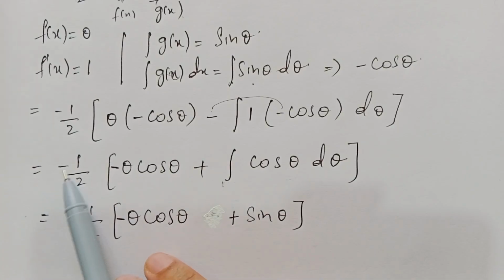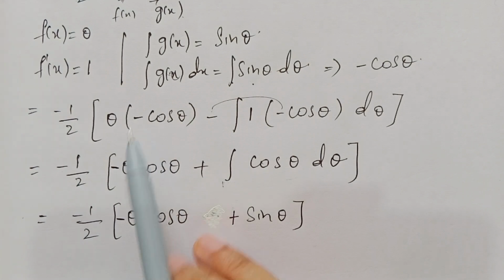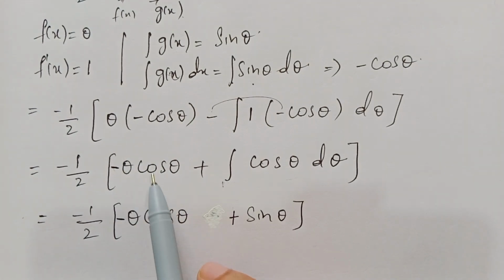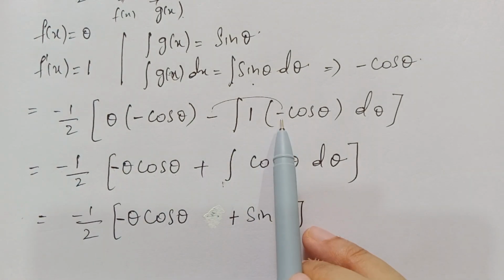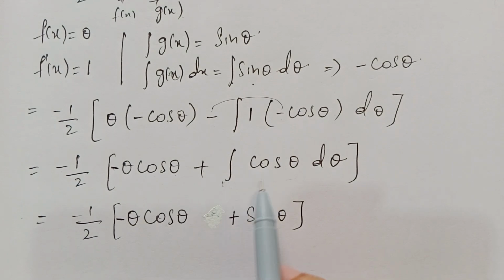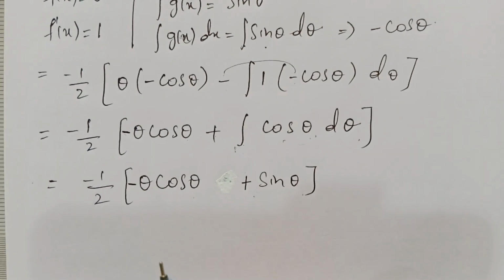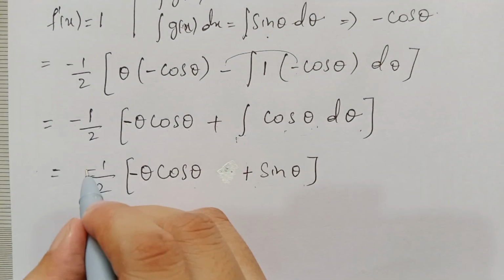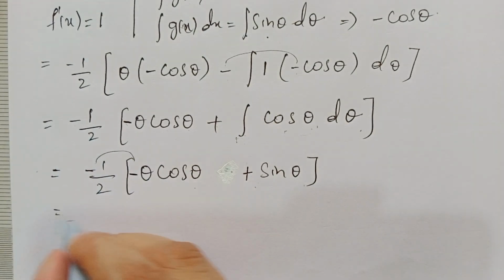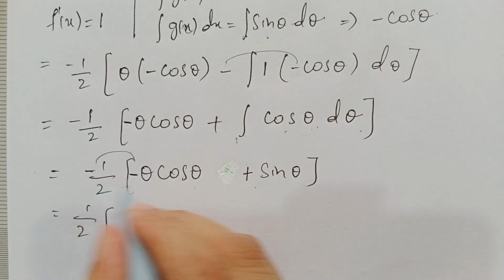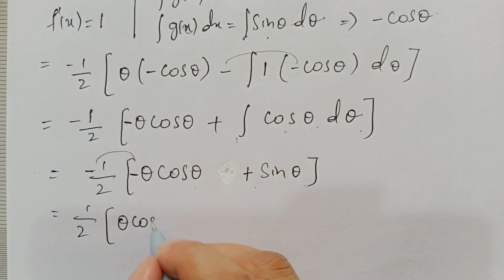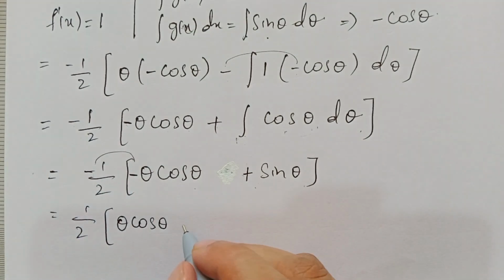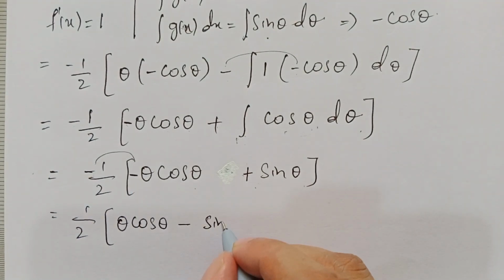So this is equal to minus 1 by 2, and this minus we can write in front, so it is minus theta cos theta, and this minus into minus becomes plus integral cos theta d theta, and this all remains the same. Integral of cos theta is sine theta, so it is plus sine theta. Now we can multiply this negative inside, only the negative, so it will become 1 by 2, and this becomes positive, so it is theta cos theta, and plus into minus is minus sine theta.